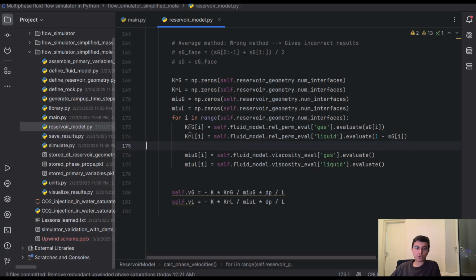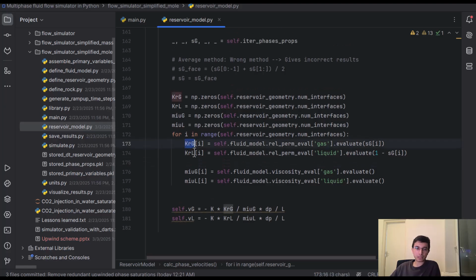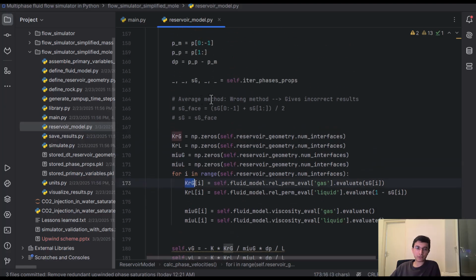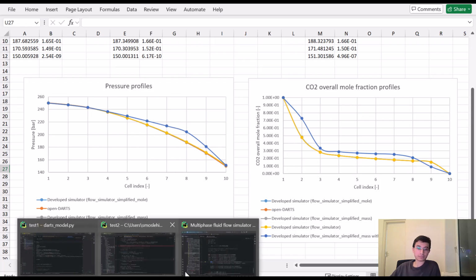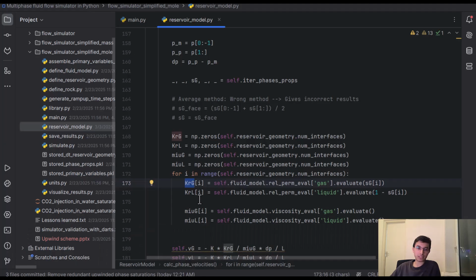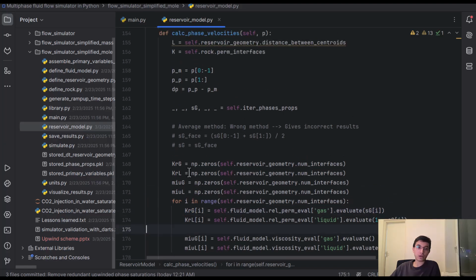But if I ignore the Upwind scheme in this part, and actually if I use the average method to evaluate the value of KRG and KRL, this deviation will be observed and will occur, which shows that it is important to apply the Upwind scheme even to the Darcy's law.